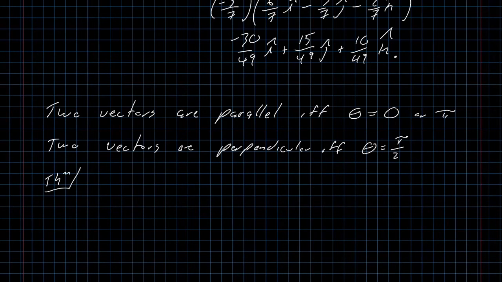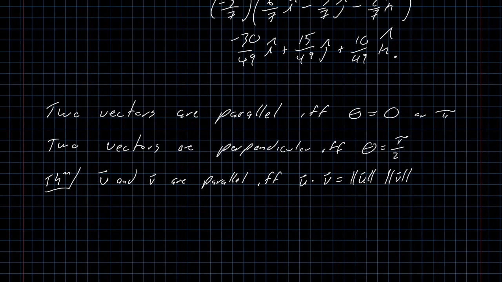I can turn that into a pretty straightforward theorem. Well, the cosine of 0 is 1, so u and v are parallel if and only if u dot v is actually equal to the magnitude of u times the magnitude of v.